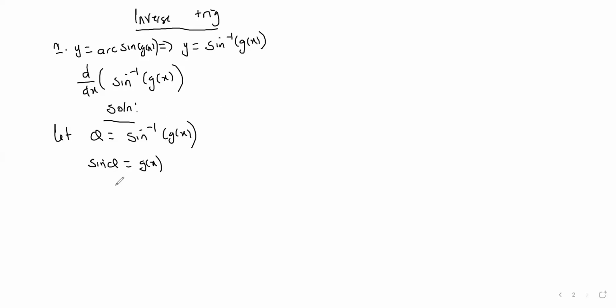Now you agree with me that on the triangle, you make a right angle triangle where this is your theta. And then now we know that using SOHCAHTOA, sine is opposite over hypotenuse.